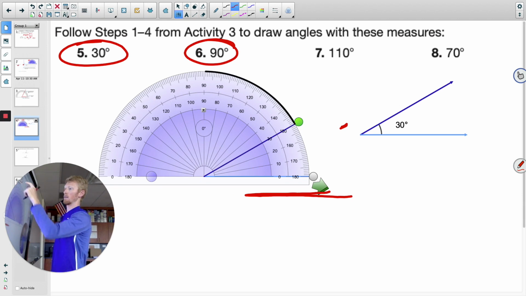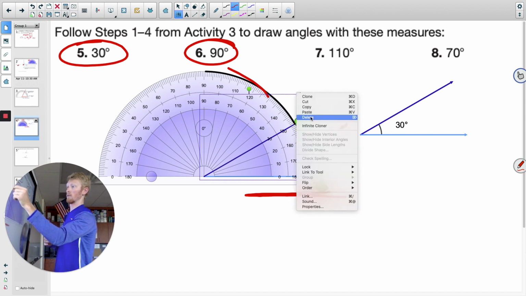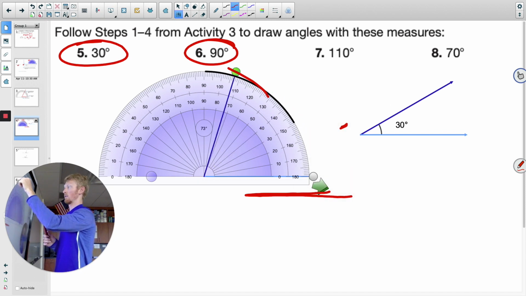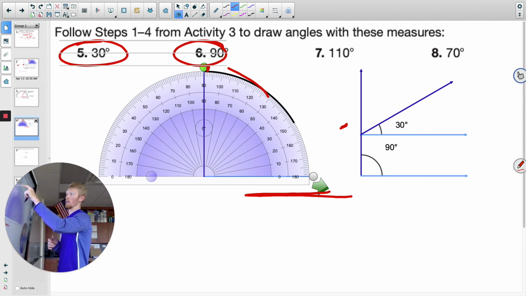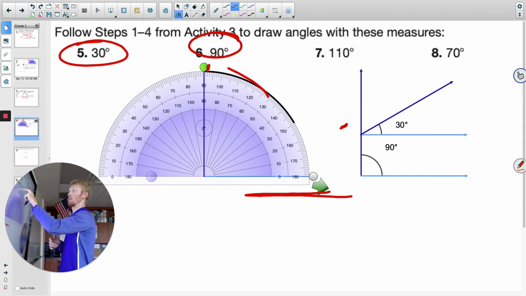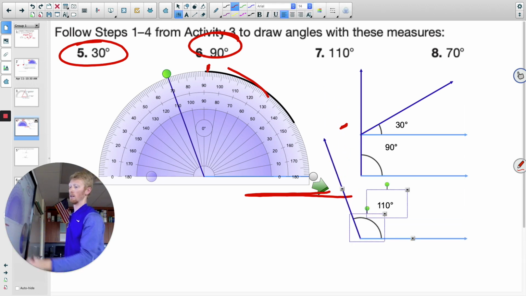Right there. 90 degrees, and I draw my little mark at 90. There's my 90 degree angle. And I could go on, do a 110 degree angle. There's my 110. There we go. And so on and so forth.